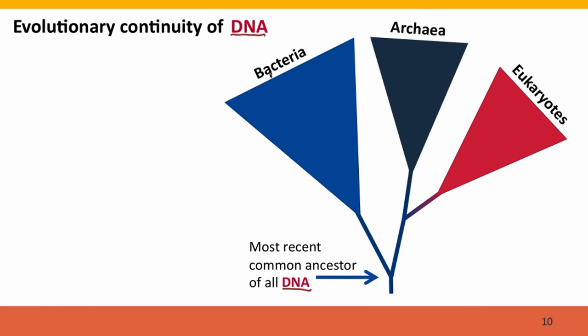All of the DNA in the bacteria, all the DNA in the archaea, all the DNA in eukaryotes, all the DNA in our bodies is direct lineal descendants of DNA that was present in earlier organisms, in earlier cells, all the way back to the very first DNA molecules at the origin of life. And this means that DNA, because DNA is also an informational molecule, unlike cells, contains a lot of information about its evolutionary history. And we'll talk more about this later in this module.